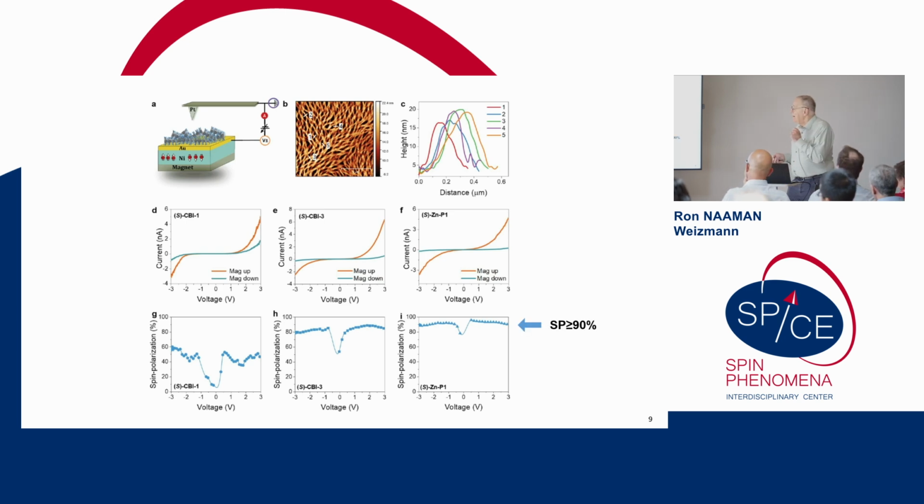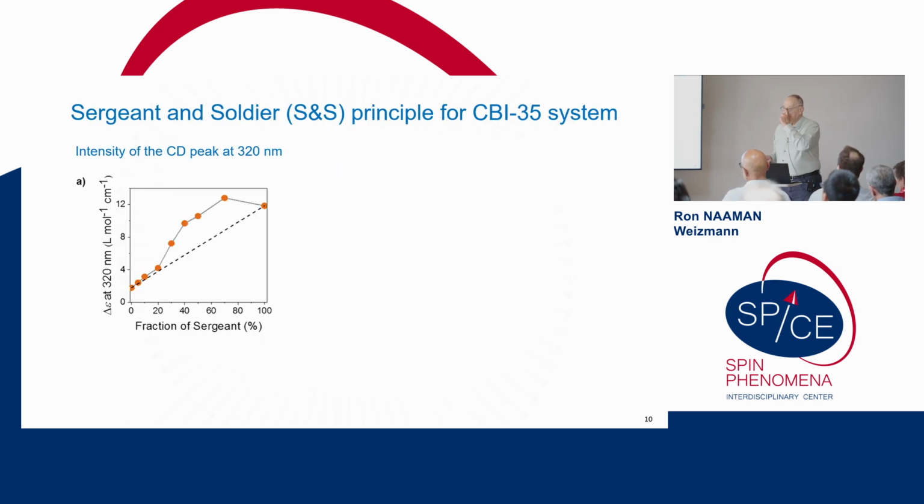Okay, but then we do something which is the key for this experiment. People that make these wires, it's called in chemistry a supramolecular structure. Many molecules that organize themselves.